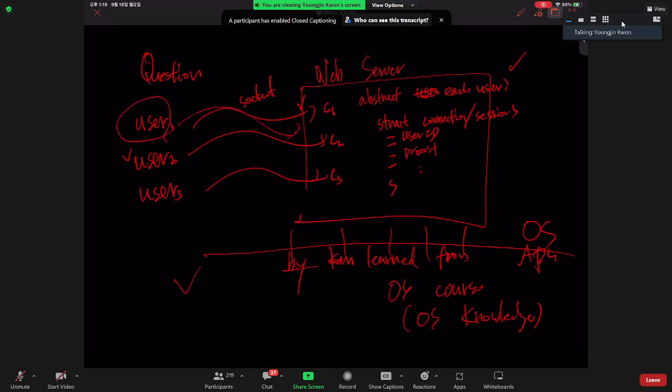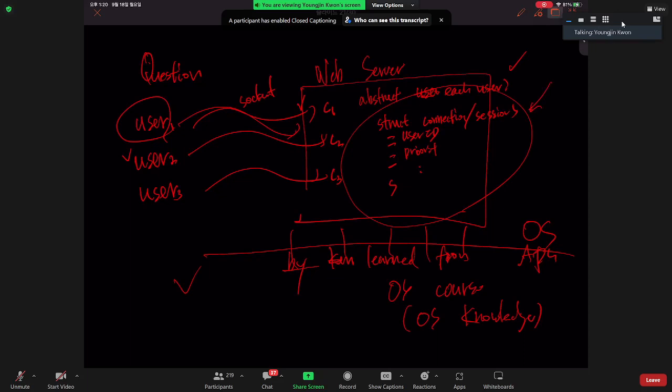That is important from the perspective of managing a web server. Where do you learn this concept? Operating system. Abstraction. So you define this connection as a single management unit which represents a user.